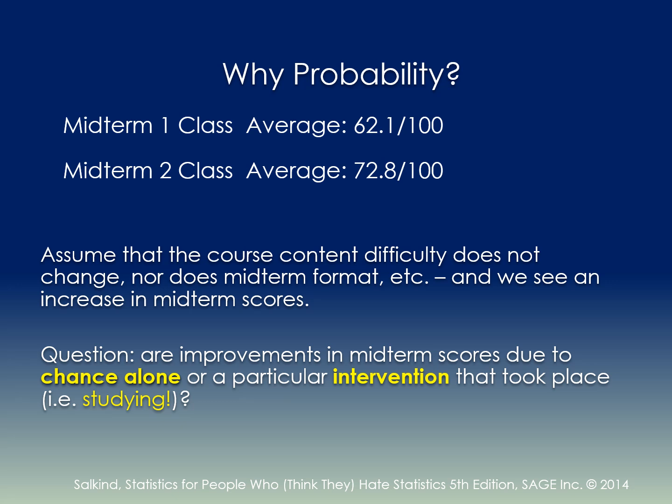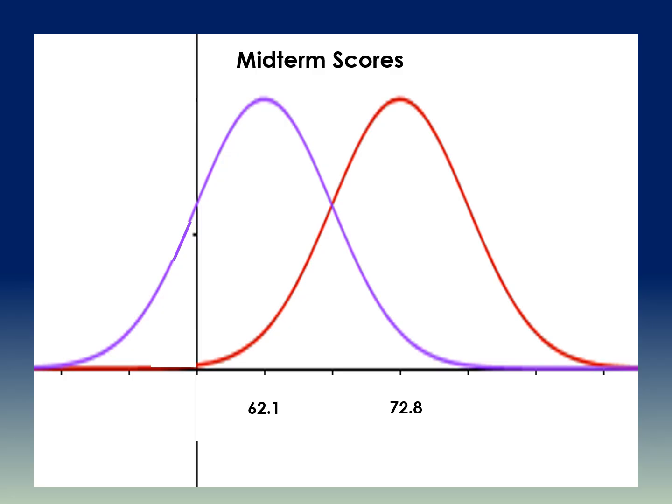And so the next slide, I want to show you what this might look like using the normal curve. And so here's our two scores, right? When we take a look at the distribution of the scores, remember a midterm score is a continuous variable, and so it's going to fall along the lines of a normal distribution, as we've been seeing. It's not a nominal score, it's not an ordinal score, it's a continuous score. And so we see here the two different means, right?